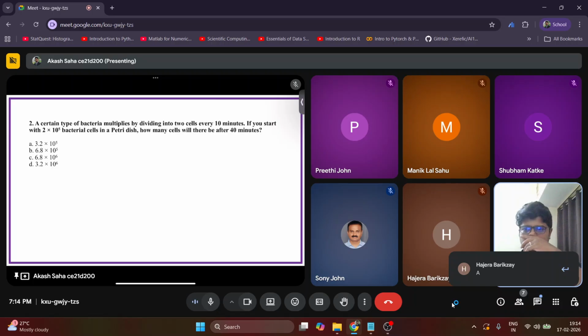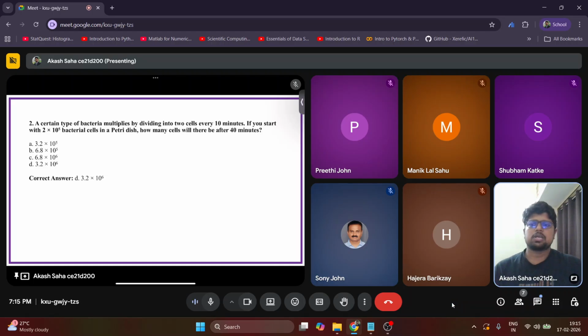A, okay, 3.2 into 10 to the power 5. Any other answer? So the current answer is option D. It's not A, it's option D. Anyone who got the answer?